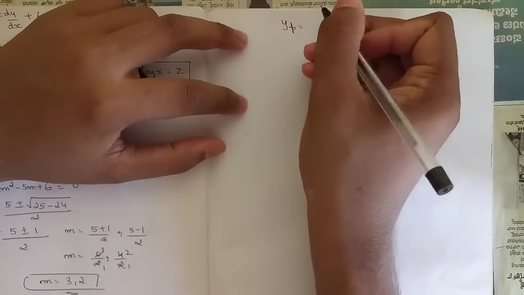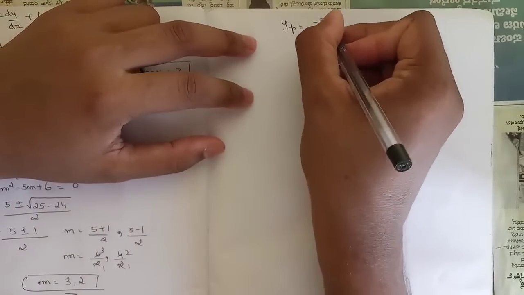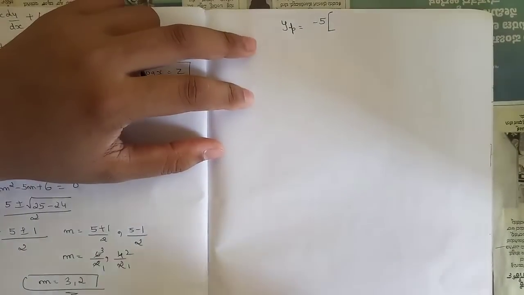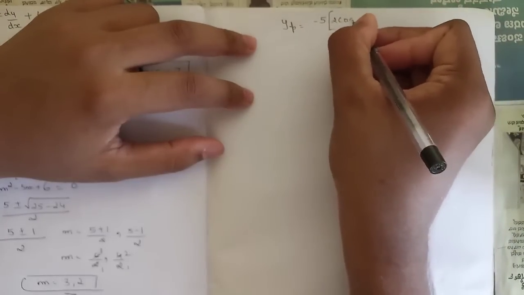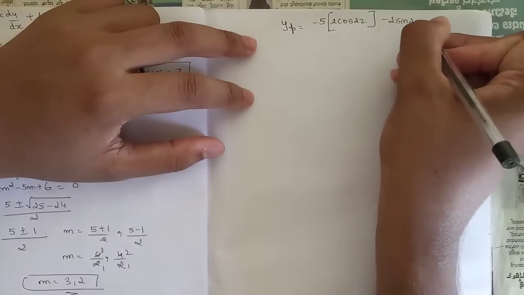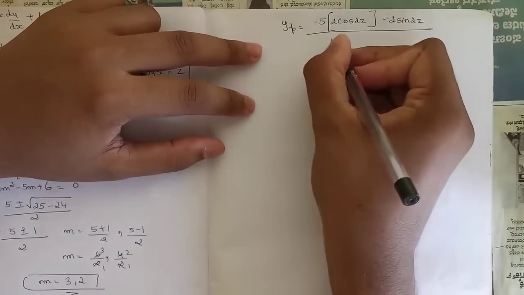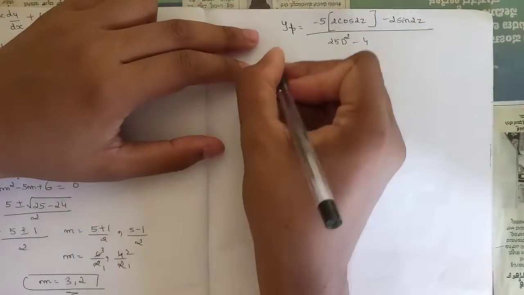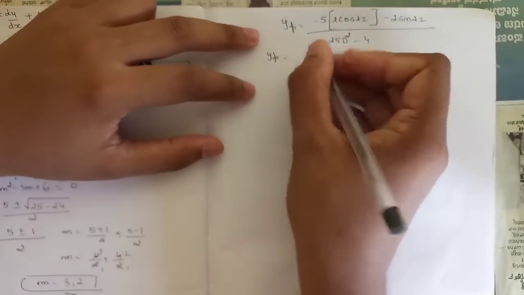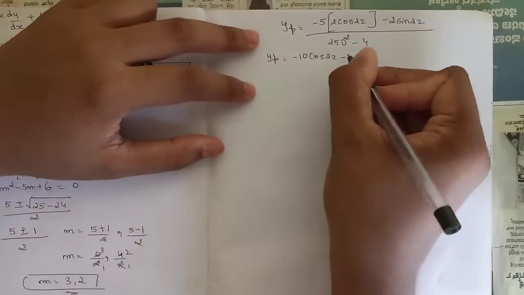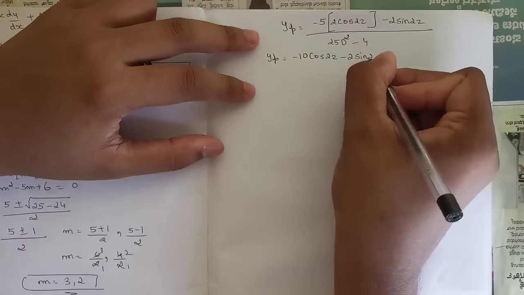Yp would be equal to minus 5 into the derivative of sine 2z, that is 2 cos 2z, minus 2 sine 2z, divided by 25D square minus 4. So minus 5 into 2 is minus 10 cos 2z minus 2 sine 2z, divided by 25D square minus 4.